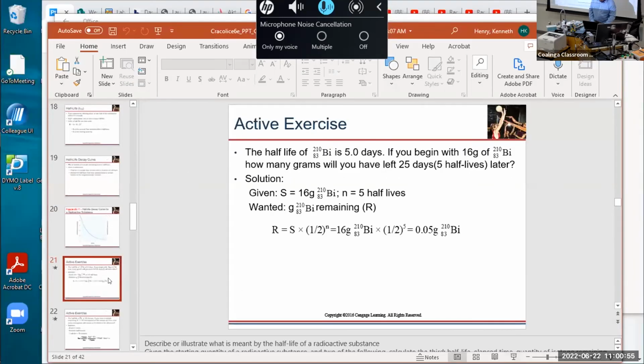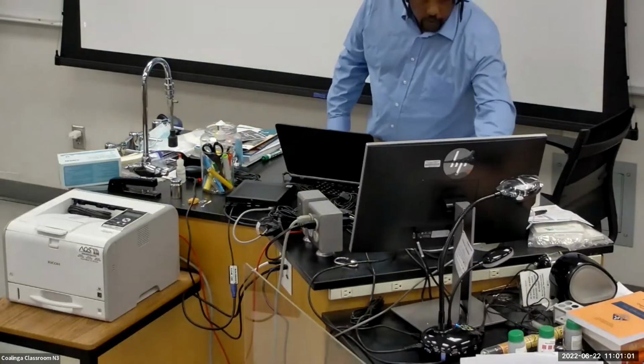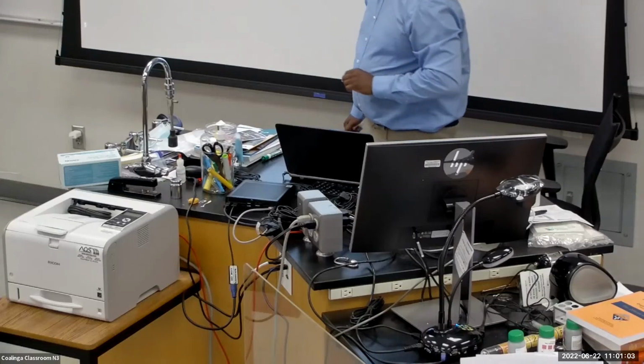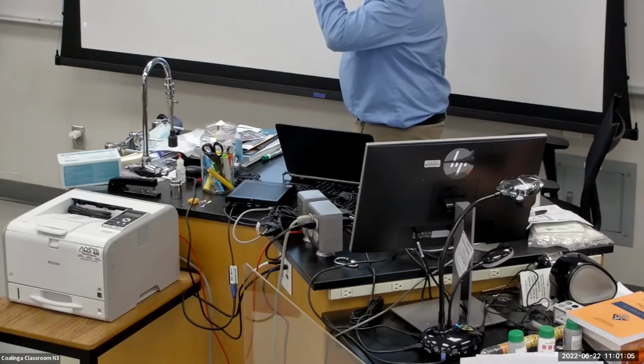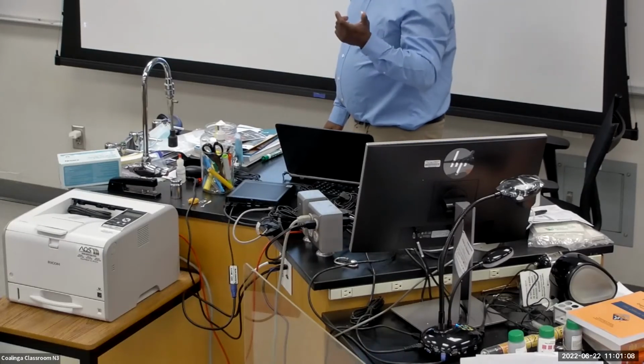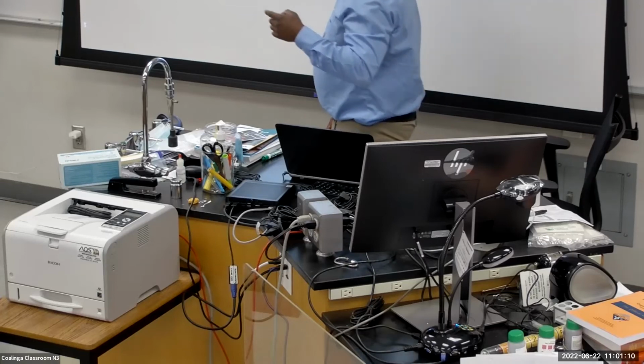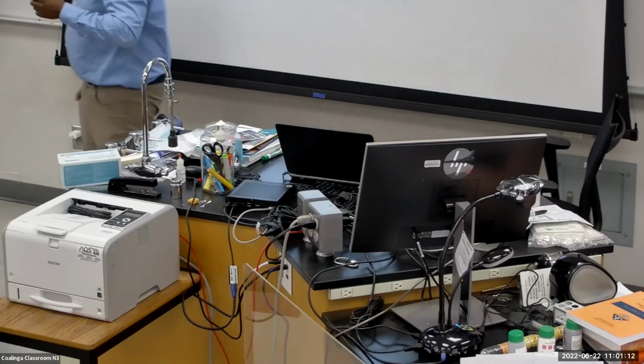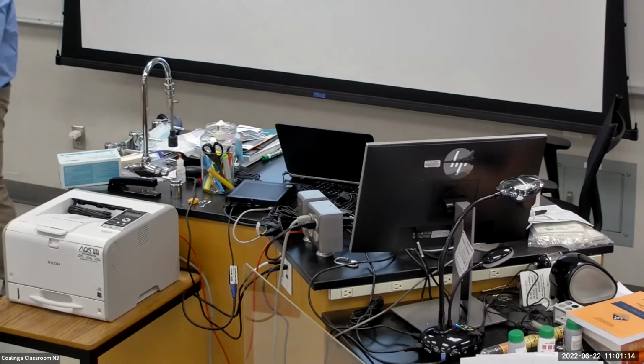So basically you say 16 times 2, that's 32, 16 divided, right? It's 16 times 1 over 2, right? But it's to the 5th power, right? So if you take 2 to the 5th power, what would that be? 2 times 2, so that's 4.